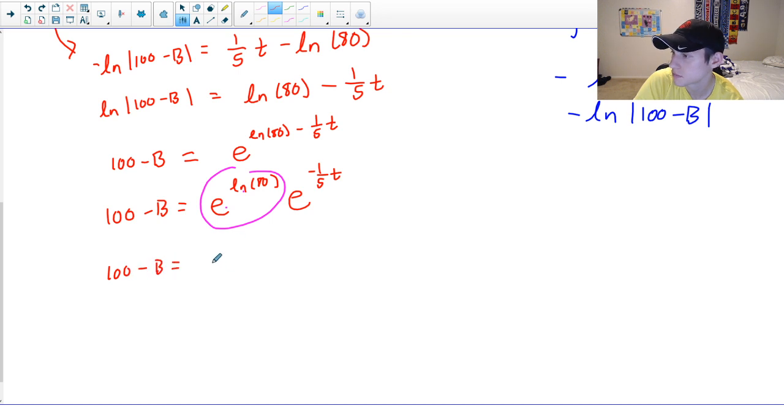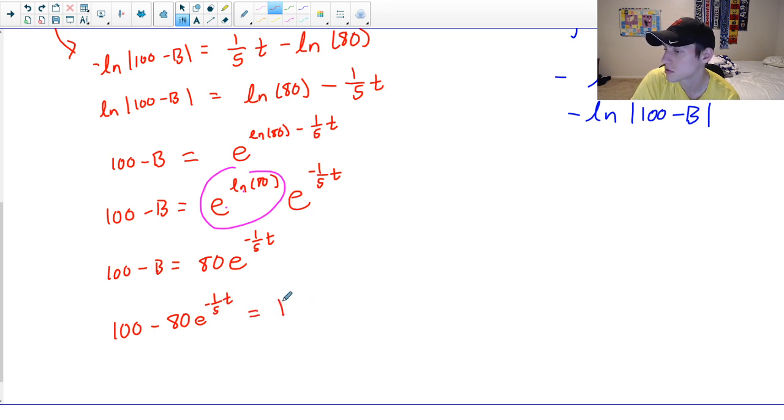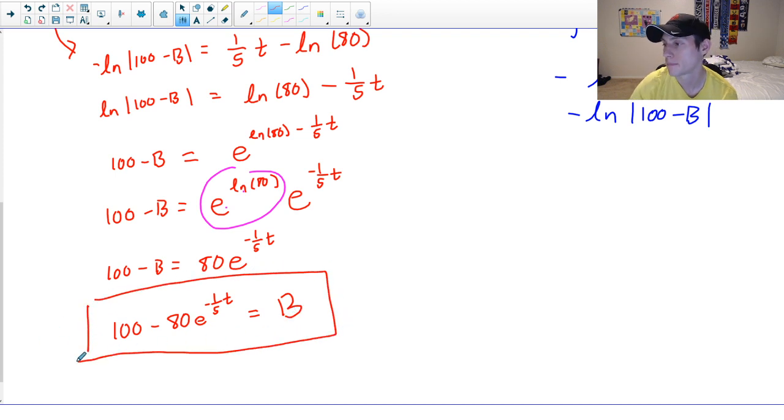So 100 minus b equals 80 times e to the negative 1/5 t. Add b to both sides, subtract this whole thing from both sides, so I end up with 100 minus 80 e to the negative 1/5 t equals b. Boom.